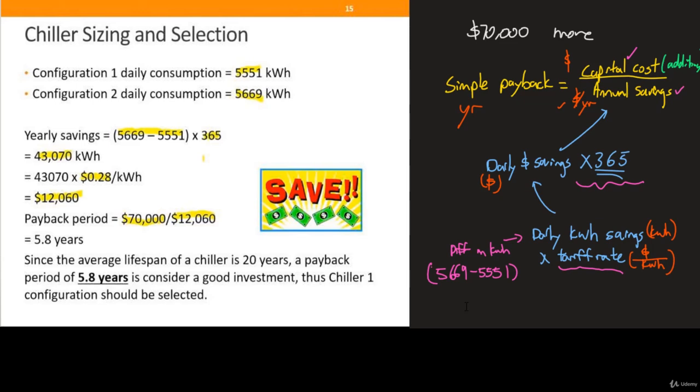So if 5.8 years is the payback, then it's not worth it. But for a chiller, we know that a typical lifespan is around 20 years. So if your payback period is 5.8 years, it's considered a good investment, because for the rest of the years you're actually enjoying your true savings. So 5.8 years is considered a good investment, and chiller 1 configuration should be selected, and this is good enough to justify why you should select chiller 1.